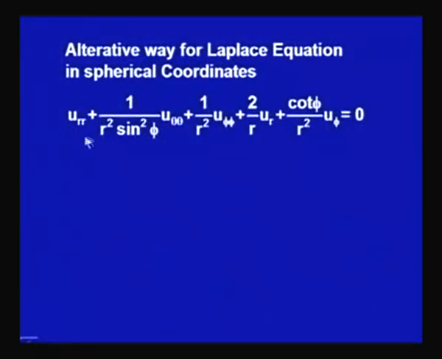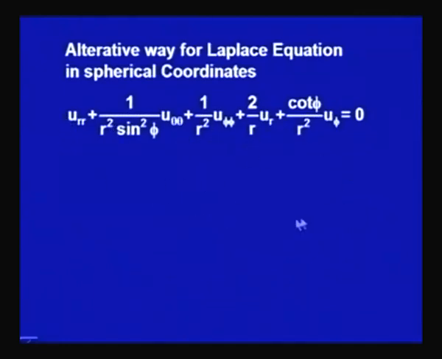We have u r r plus 1 upon r square sin square phi u theta theta plus 1 upon r square u phi phi plus 2 upon r u r plus cot phi upon r square u phi is equal to 0. Now, you see here I have one term of u r r, and one term of 2 upon r u r, and we are having 1 upon r square all the time in the denominator, except at this point and this point.